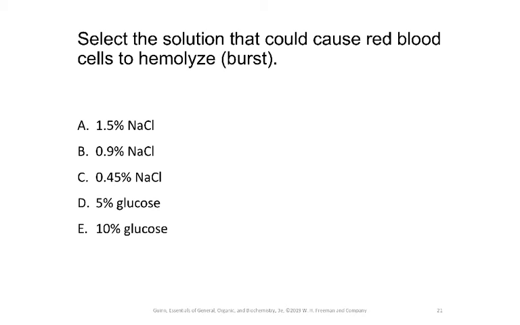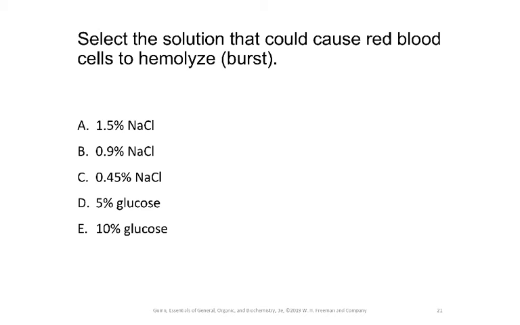Now, why would water flow into the cell? Well, water could flow into the cell if the concentration inside the cell is higher than outside, right? If there's a hypotonic solution outside the cell, water will flow in to try to lower that concentration, and then that could lead to rupturing.